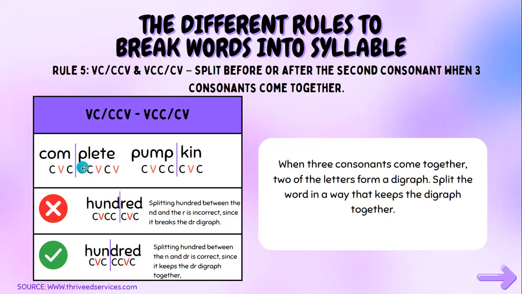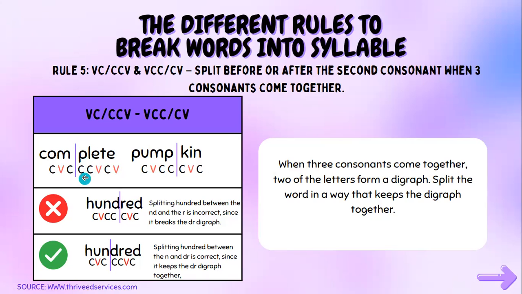In this case, we can apply rule number 1 and we split it between the 2 consonants because there are 2 consonants between 2 vowels. We split the M onto one side, producing the syllable calm, and on the other side we have pleat. And the PL acts as one consonant.